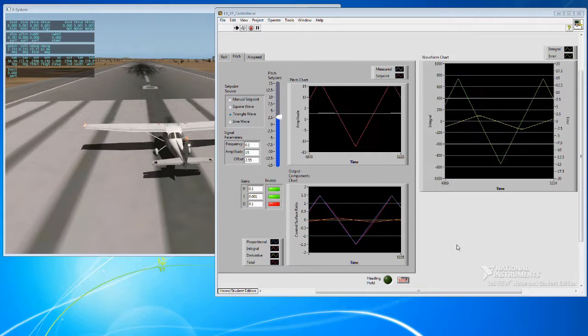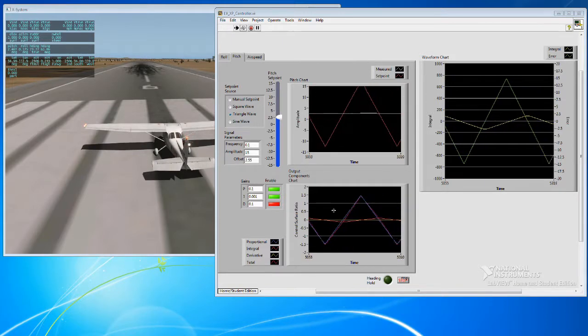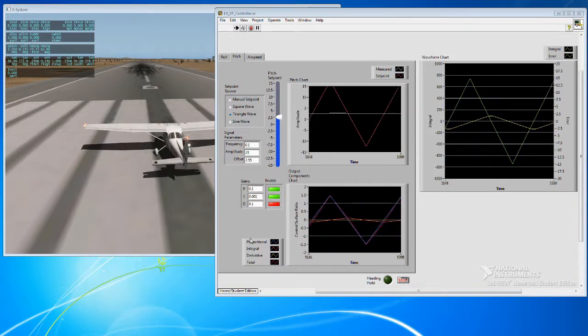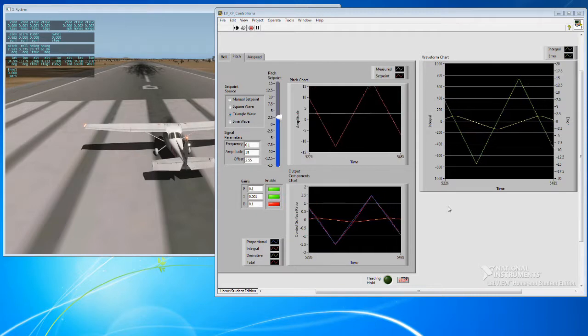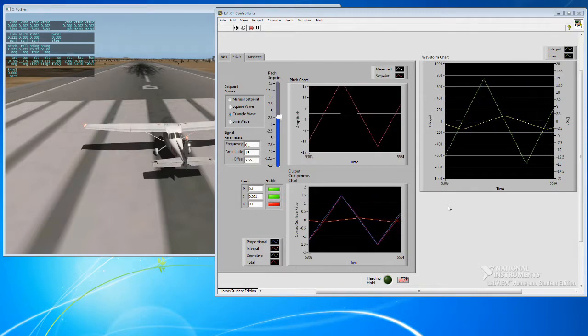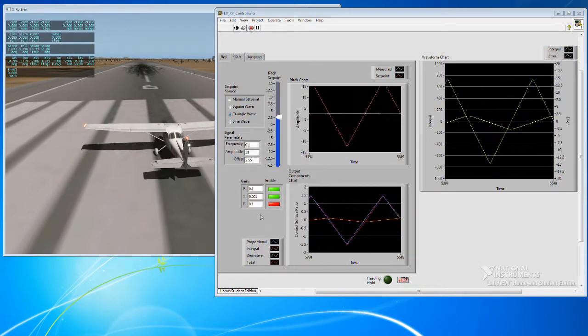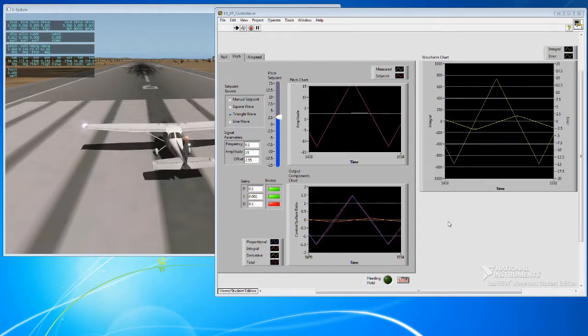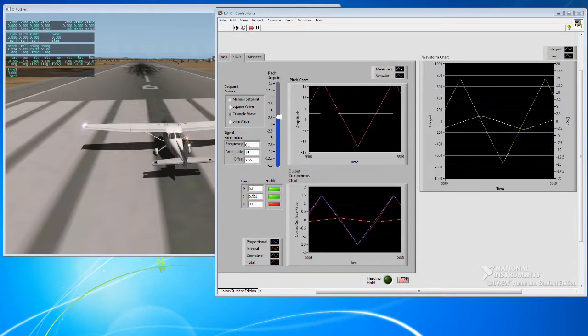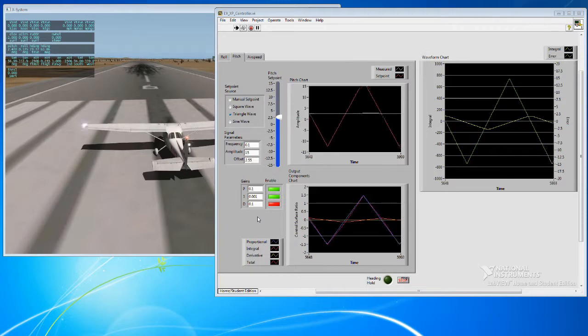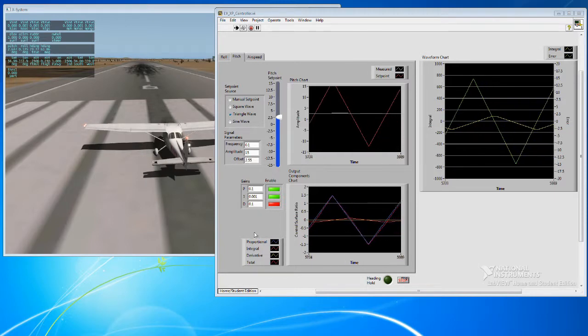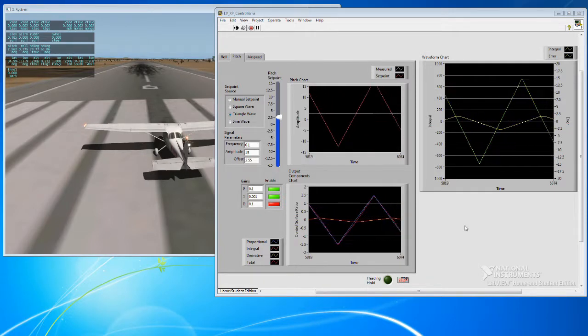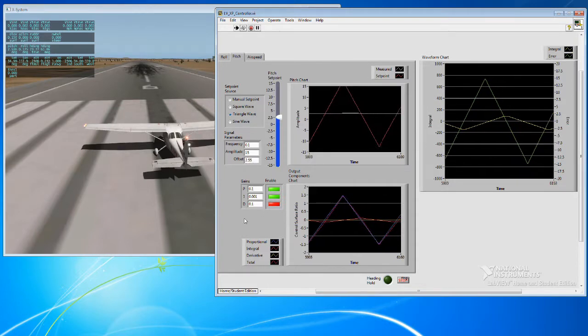So it's similar but not the same as if we just reduced the integral gain. The difference being that if we reduce the integral gain, that would be linear across the whole range of errors, whereas what we've done here is effectively introduced a non-linearity into the integral term.